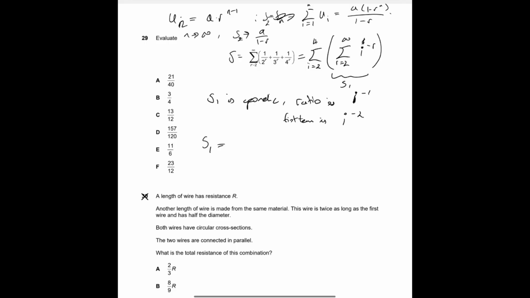So what that means is that the sum to infinity for this is going to be the first term, which is i to the minus 2, over 1 minus the ratio. We can simplify that by multiplying by i squared on both sides, so i squared minus i.